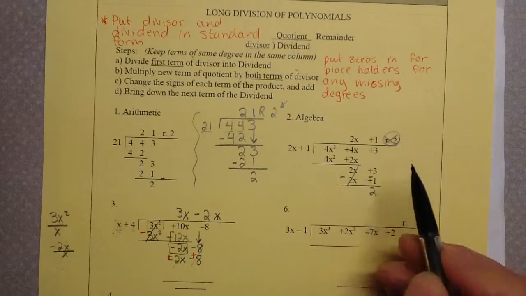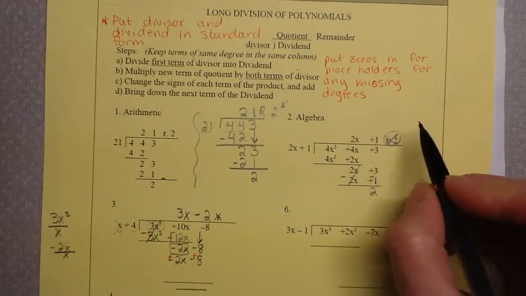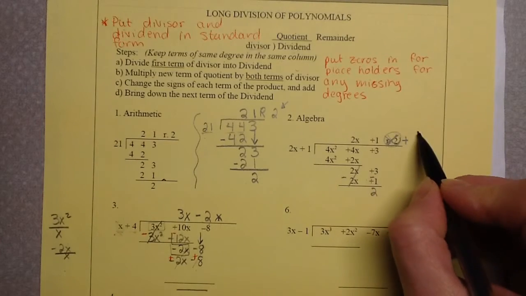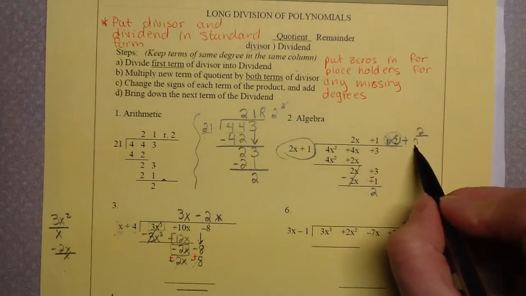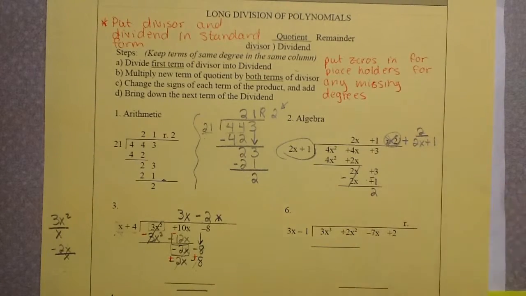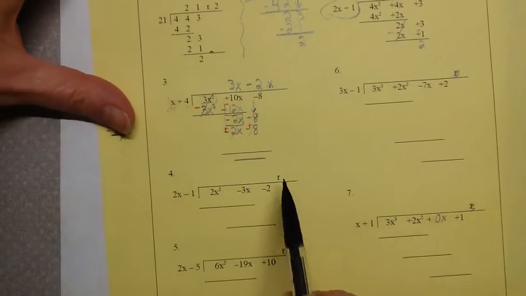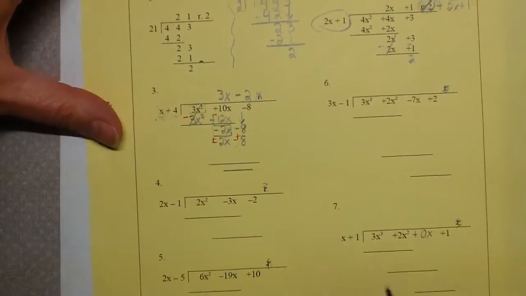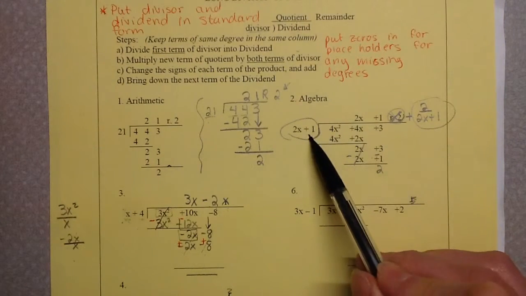This is 2. You do not write the remainder as 2. You write it as plus 2 over this divisor, so 2x plus 1. So I want you to take these remainders off here and then write your remainder, whatever your remainder is, over your divisor.